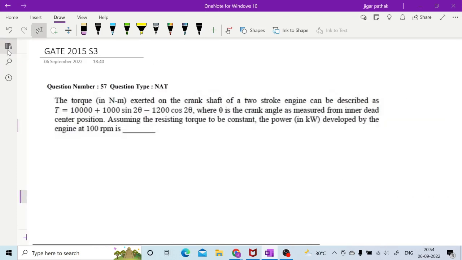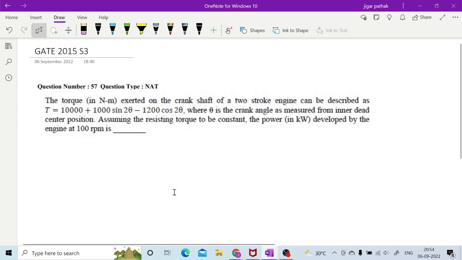Here the torque is provided in this relation with theta, right? The torque exerted on the crankshaft of a two-stroke engine can be described as T equal to 10,000 plus 1000 sin 2 theta minus 1200 cos 2 theta, where theta is the crank angle measured from inner dead center position.